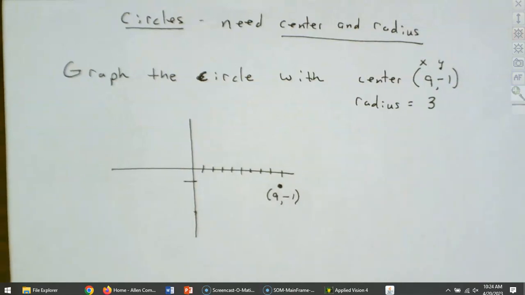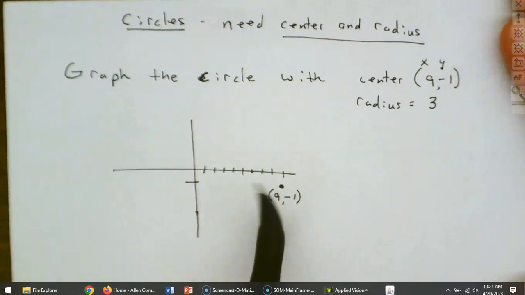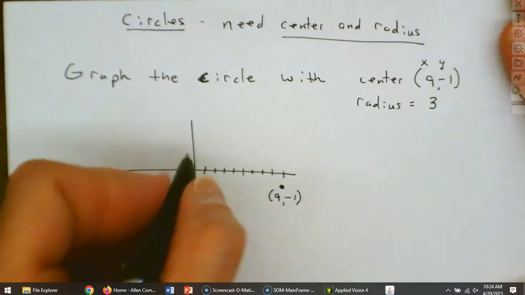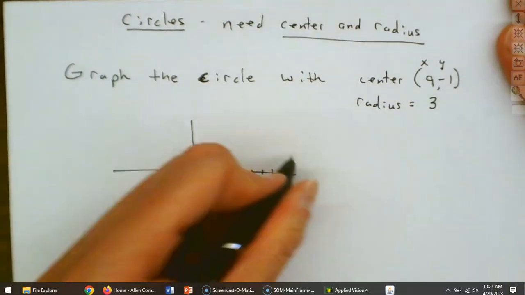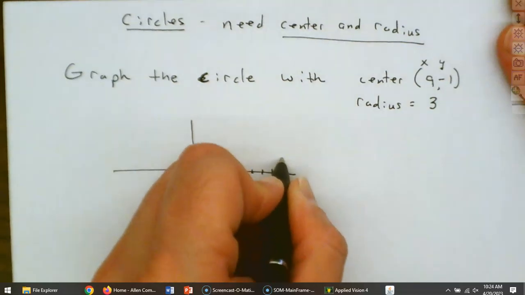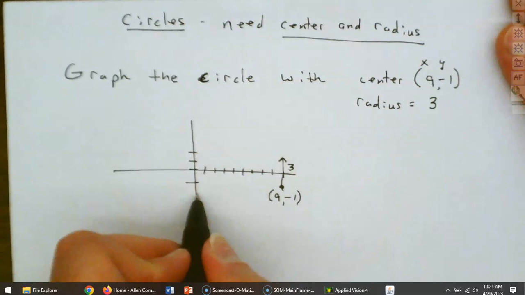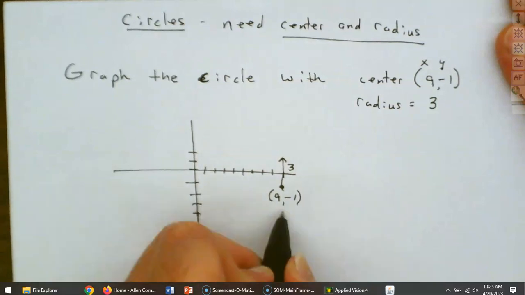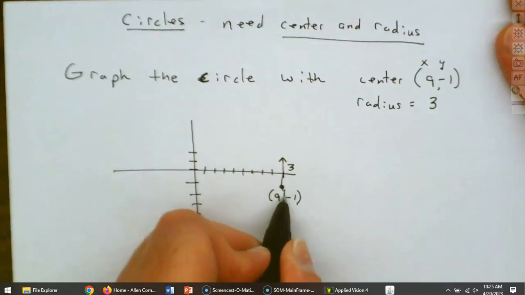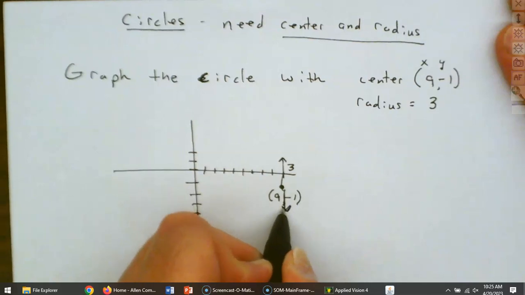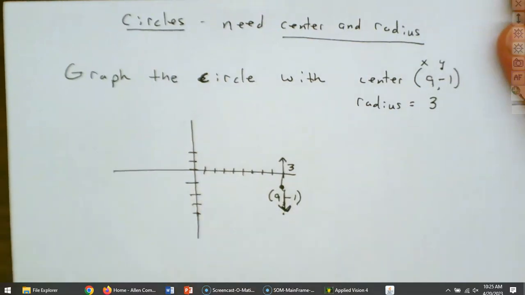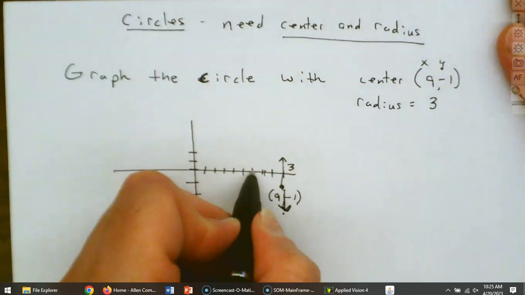And that's it. So here's our center. We're going to go up 3. So 1, 2, 3 units up. We're going to go 3 units down. So 1, 2, 3 units down. We go 3 units to the left. So 1, 2, 3.